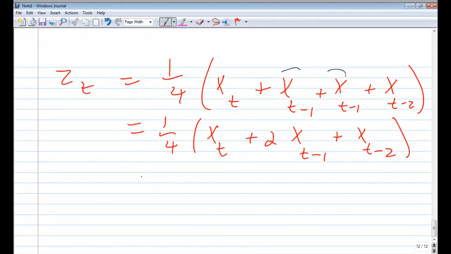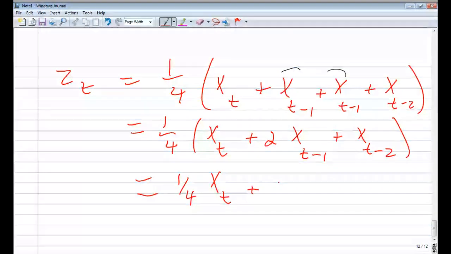Then you multiply through by a quarter, 1 over 4. You get 1 over 4 xt plus, a quarter multiplied by a 2, you get what? Half, isn't it? Yeah?